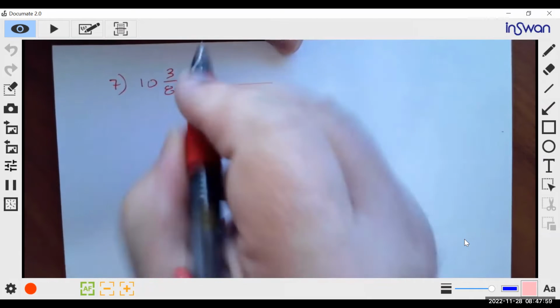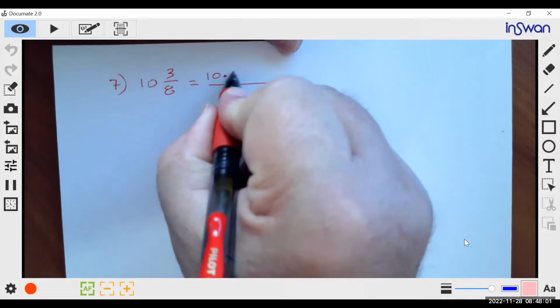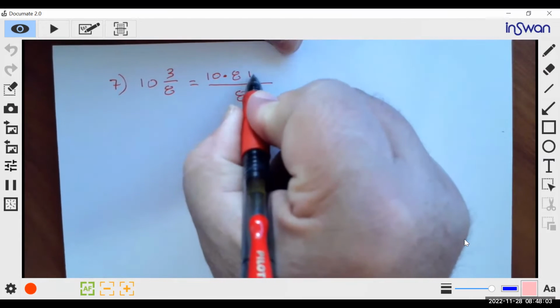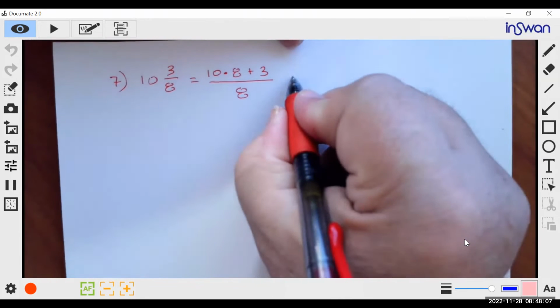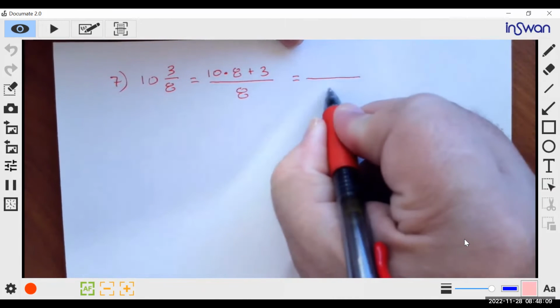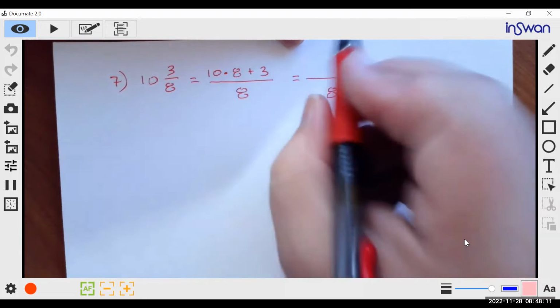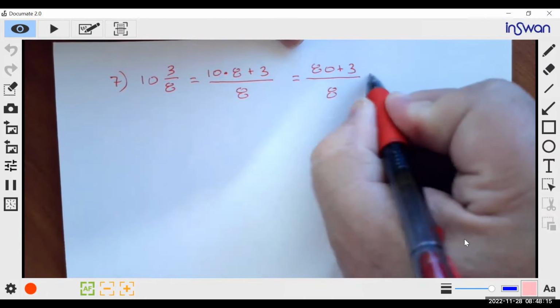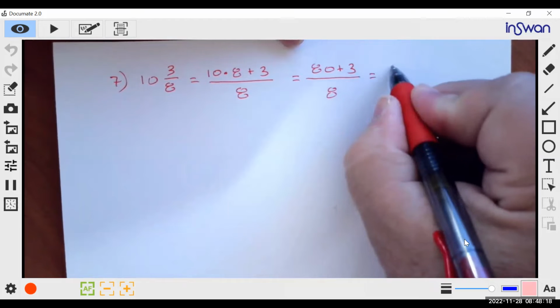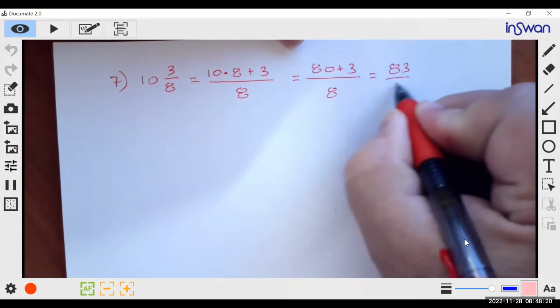Take the coefficient times the denominator, add the numerator. Ten times 8 is 80. 80 plus 3 is 83.